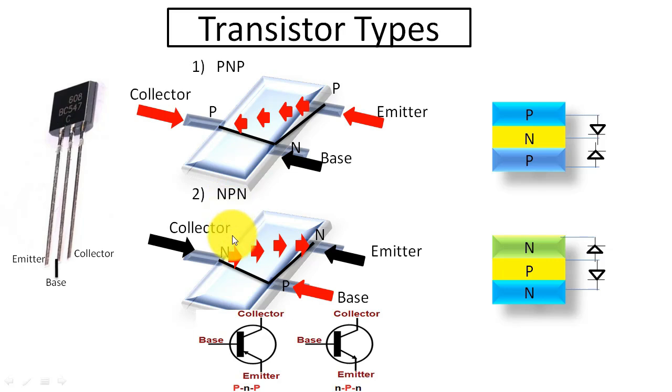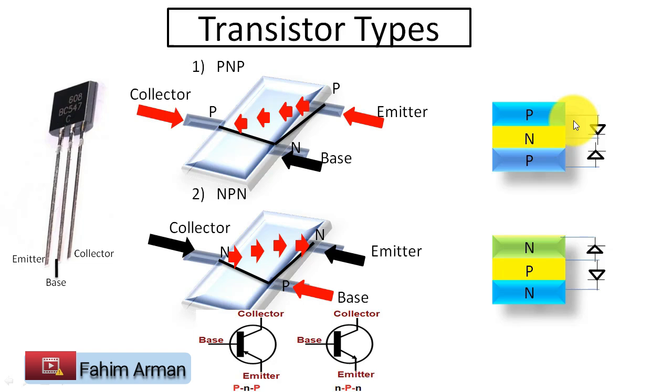Here you can see the PNP transistor's internal structure. Its collector and emitter pins are both P-type, and the base is N-type. You can also see its diode position. The collector and emitter pins are joined on the diode's anode side as they are P-type, and the base position is on the cathode side and it is N-type.